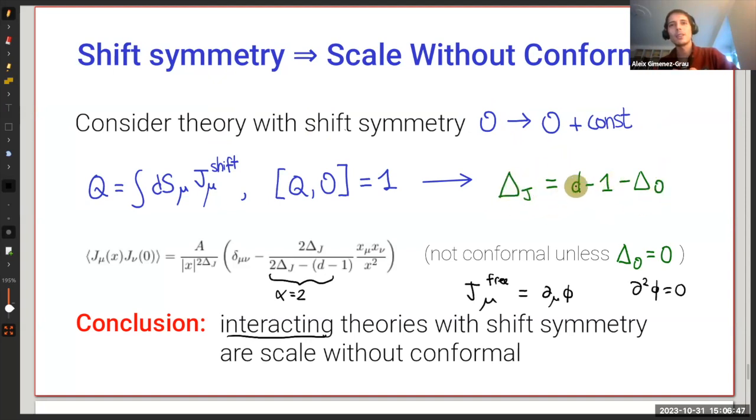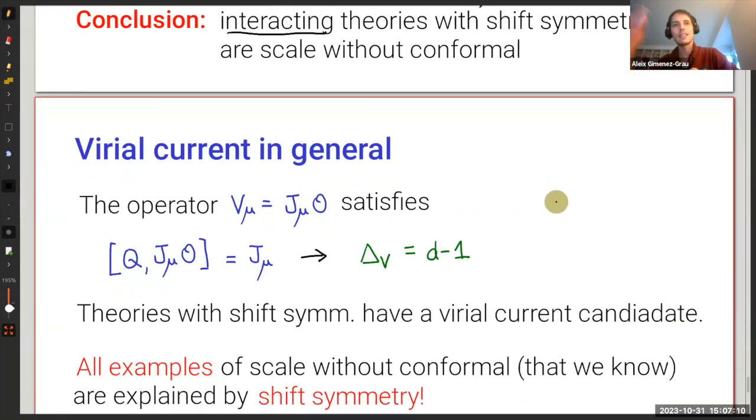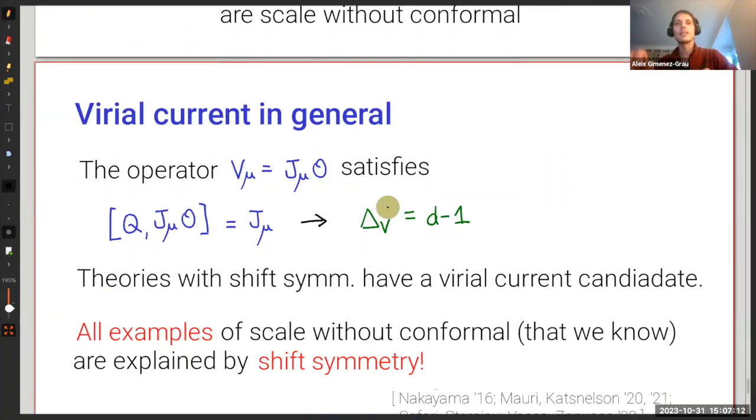So this argument already shows you that shift symmetry implies only scale invariance. Now you have the puzzle: it's only scale invariant, but then what about the virial current? How come it's conserved? Sorry, it's protected. For this puzzle, we have a general argument that explains why it's protected.